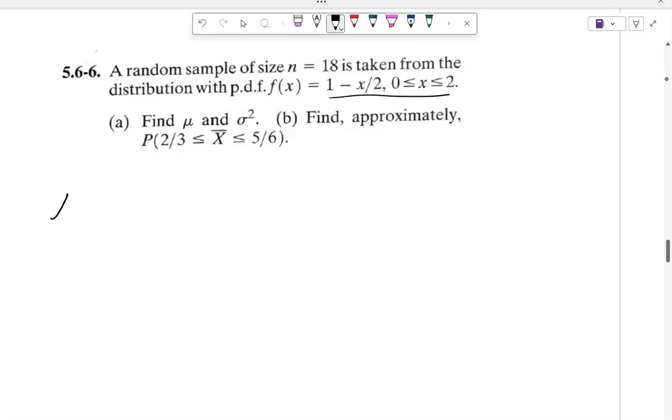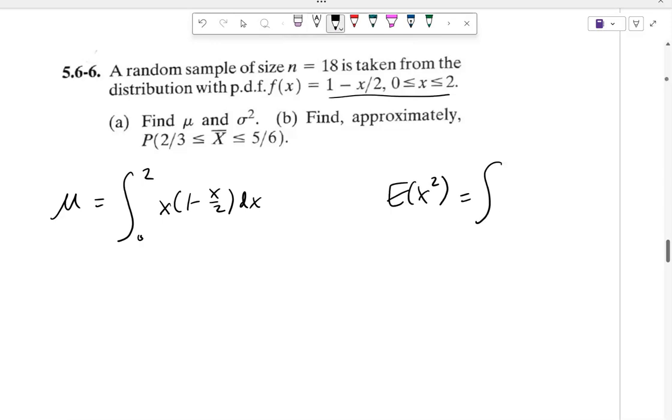All right, so mean and variance. So we'll do the integral from 0 to 2 of x times (1 minus x over 2) dx. And the variance, we'll need expected value of x to start with. Expected value of x squared to start with.